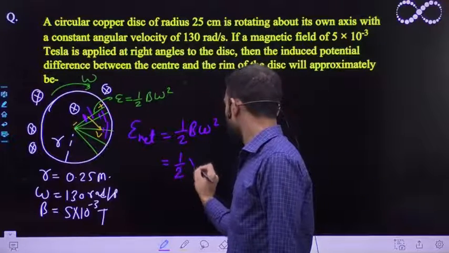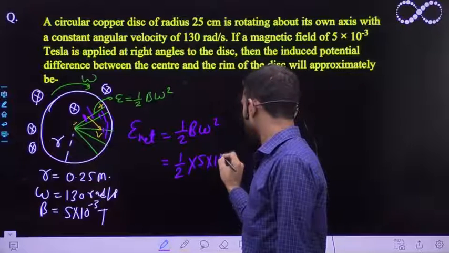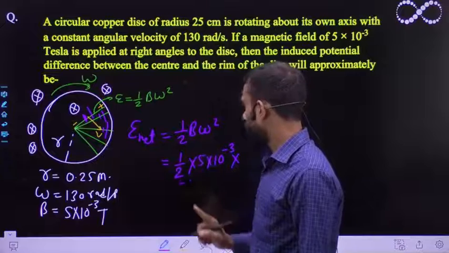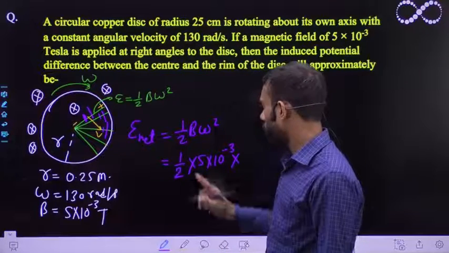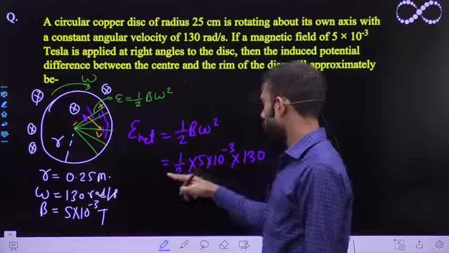So 1 by 2 into the value of B, which is given as 5 into 10 raised to power minus 3, and omega is given as 130 radian per second, in SI system.